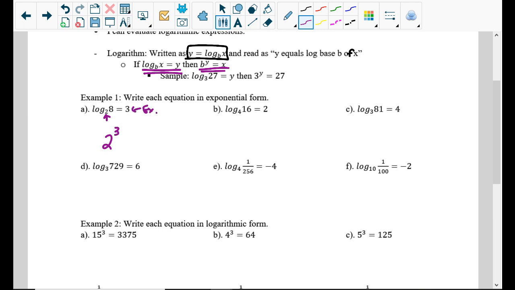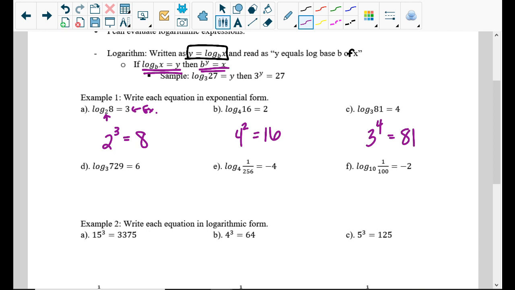So 2 to the third power equals 8. That's all we're doing, just rewriting it. In letter B, 4 is my base, exponent is the 2, and 16. Letter C, base is 3, exponent 4, answer 81.